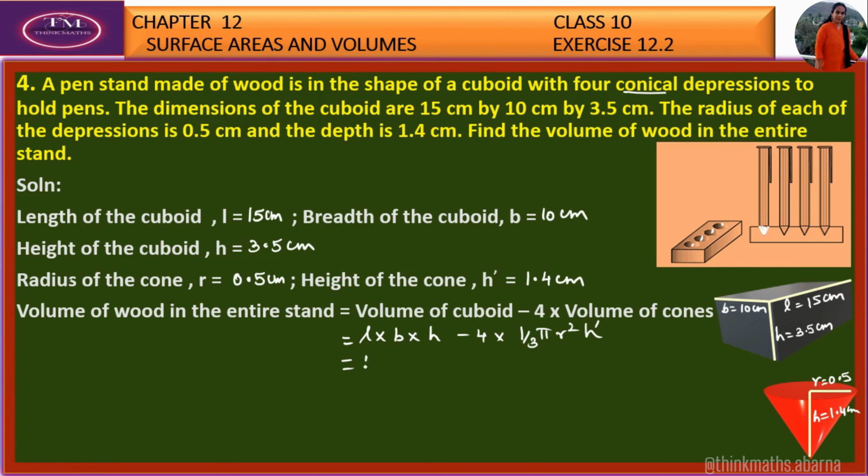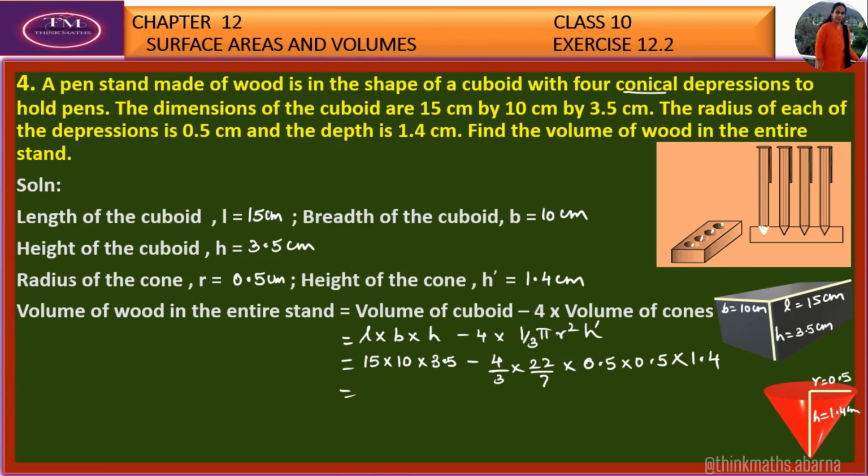L, B, H: L value 15, B value 10 and H value 3.5, minus 4 divided by 3 into pi, 22 by 7. What is r, the radius of the cone? It is 0.5. So 0.5 into 0.5 into height. Height of the cone is 1.4.